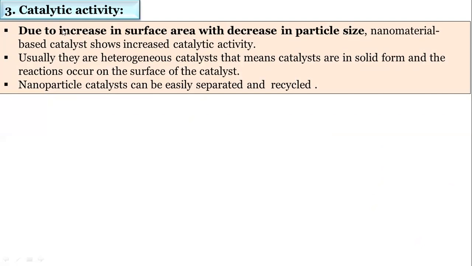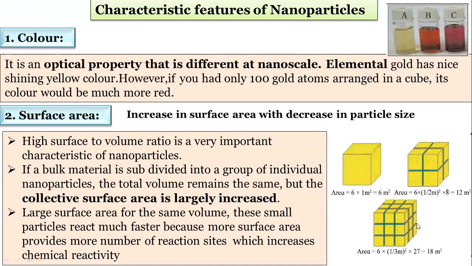Due to the increase in surface area, which increases with the decrease in particle size, nanomaterial based catalysts show increased catalytic activity. Whatever particles are at nanoscale have more reactivity. Why is this reactive? Because more sites are available. See this diagram. Because more reaction sites are available, the reactivity of the catalyst is increased.